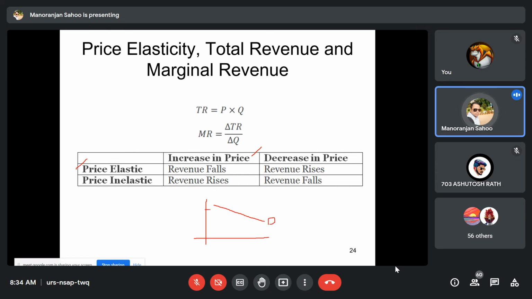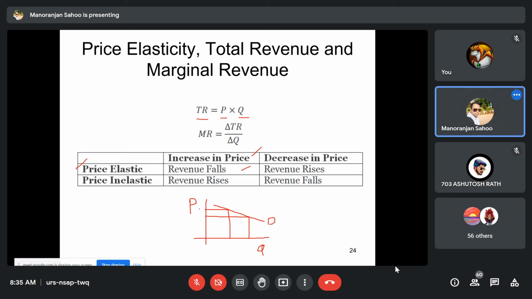So in this case, for a small change in the price, there will be a large change in the quantity demanded. Suppose this is the quantity, this is the price. If the seller increases the price when it is elastic demand, what will happen to the total revenue? Total revenue, as we know, is equal to P into Q.